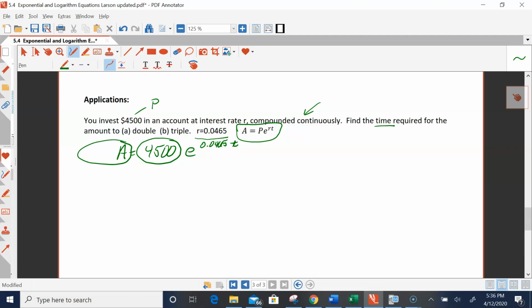So to figure out how much time is required for that account to double, I'll have 9,000 equal to 4,500 times e to the 0.0465 t power. That's the equation I need to solve for t. So it's an exponential equation.